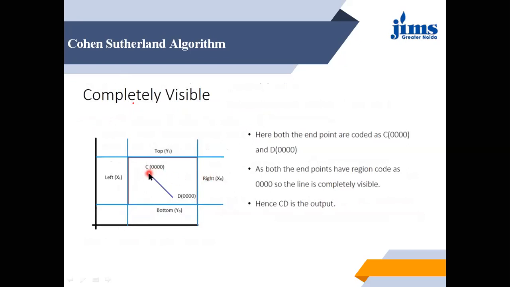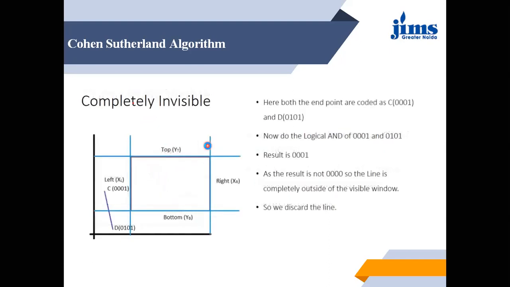You can see here that the region codes of point C and point D of line CD are 0000 and 0000, meaning both endpoints of the line have region code 0000, so this is completely visible.